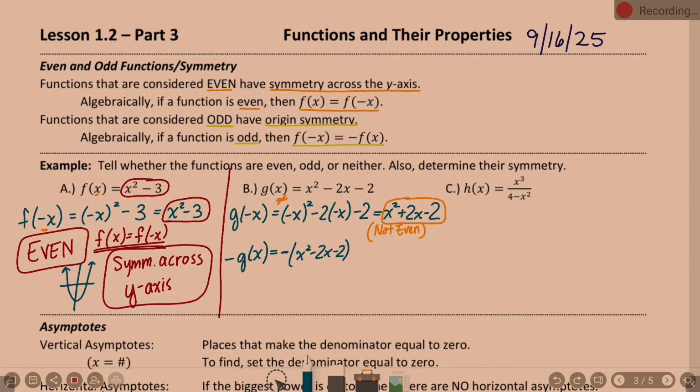So basically when it's negative g of x, you take that negative and you distribute it to every term. So this is going to become negative x squared plus 2x plus 2.